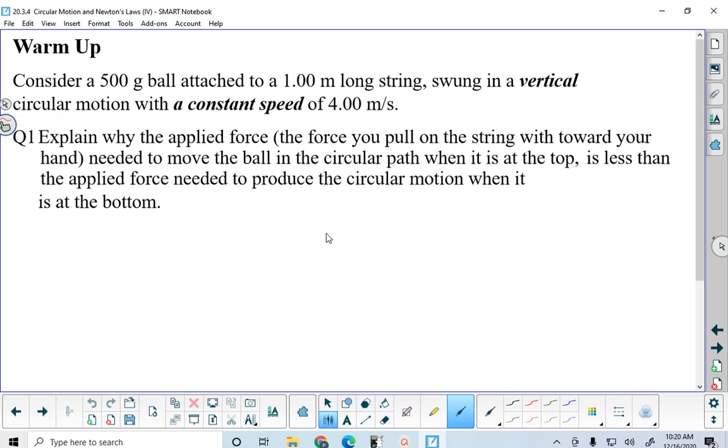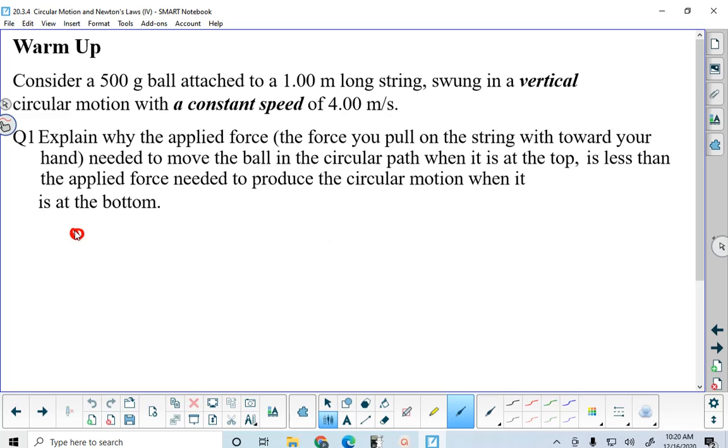So there's a gravitational influence, perfect. And we want to be a little more specific. The idea here is that when it's at the top, gravity is working with you. When the object is at the top, you're trying to swing it towards the bottom, but gravity is helping out. When it's at the bottom, you're trying to pull it up back into the curve, and gravity is resisting your efforts.